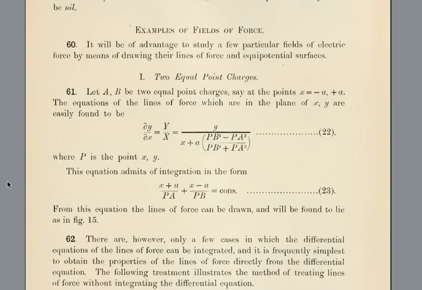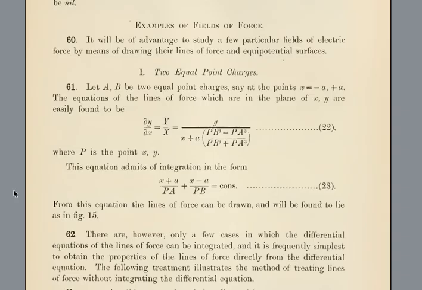The equations of the lines of force which are in the plane of x and y are easily found to be partial derivative of potential with respect to x equals partial derivative of potential with respect to y. This equation admits of integration in the form (x plus a) divided by (x minus a) plus (y plus b) divided by (y minus b) equals constant. From this equation, the lines of force can be drawn and will be found to lie as in the figure.